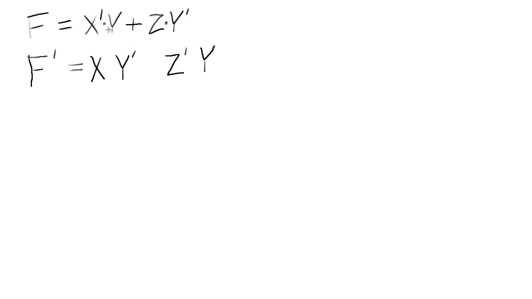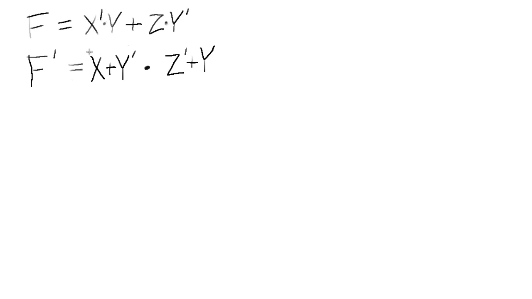And then we swap all of our ANDs for ORs and all of our ORs for ANDs. This right here, the OR gate, here will be an OR gate. And this one right here will be an AND gate. And now here's something that we really have to be careful of, the way that our order of operations is working in Boolean logic. How it's currently written, we are ANDing y prime and z prime, and then ORing it with x and y, which isn't the original precedence that we had in our function.